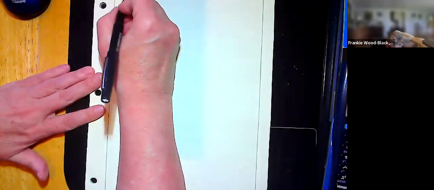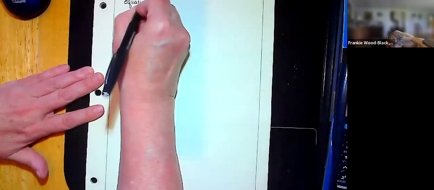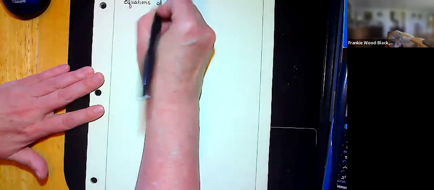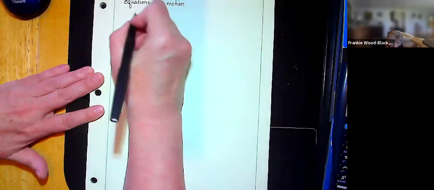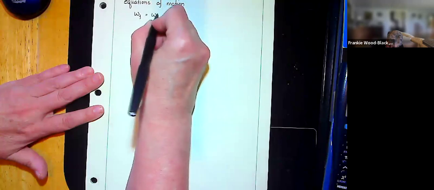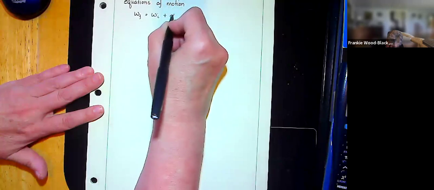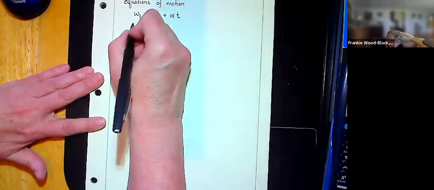So when we finished up yesterday, we had our equations of motion. And that was omega final equals omega initial plus our angular acceleration times time.